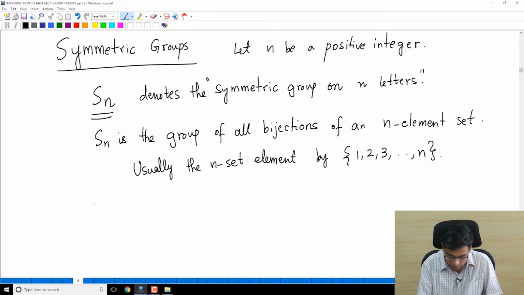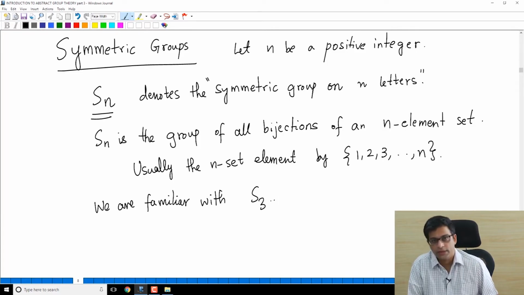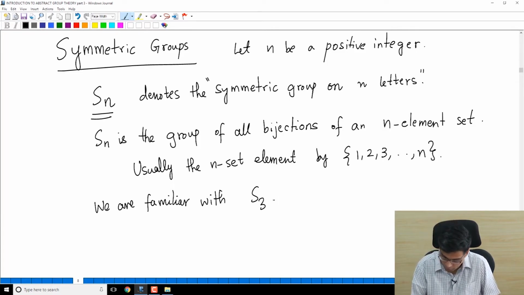So we already are familiar with S3. This is one of the groups that we have been looking at in various situations, and we saw how many elements it has and so on. For example, what is the order of S3? 6.